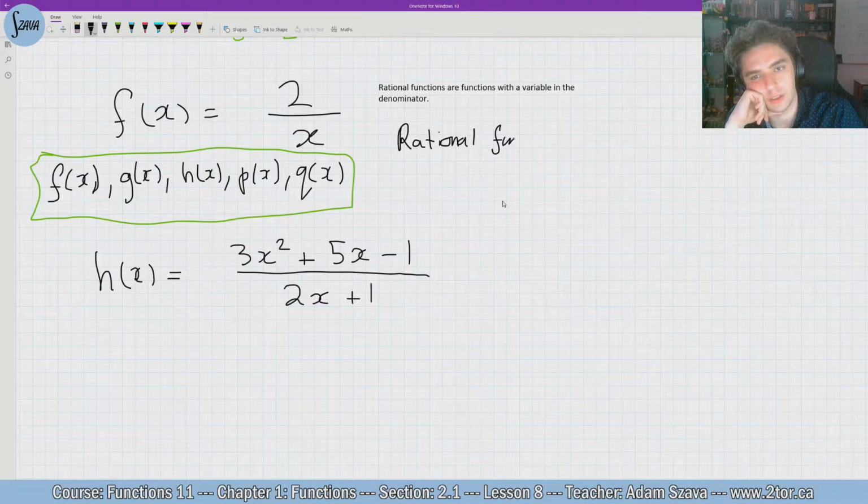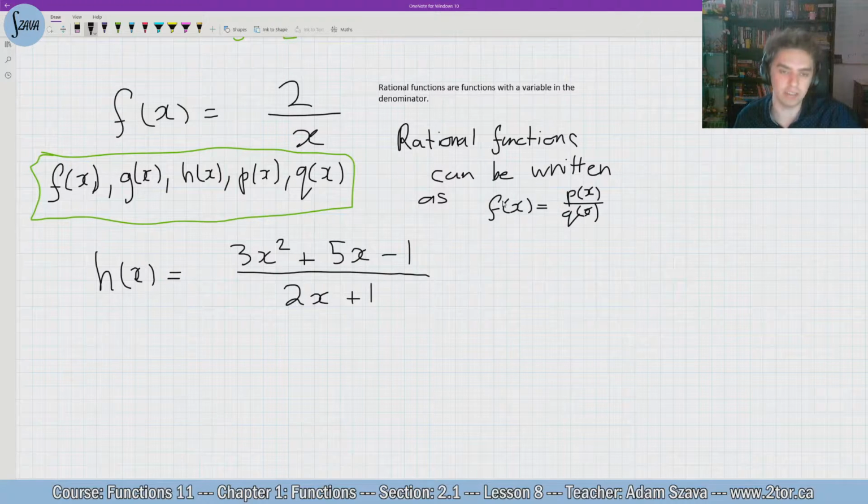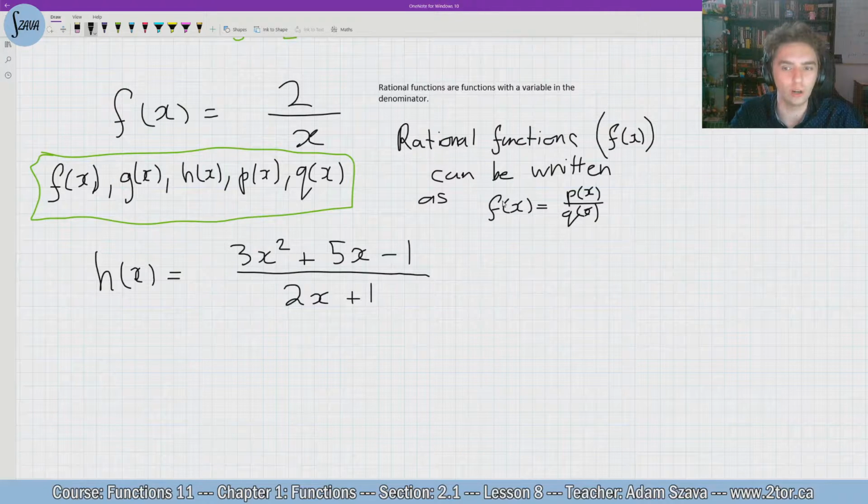Rational functions can be written as f of x equals p of x over q of x. So rational functions, which I'll call f of x, can be written as p of x over q of x, some polynomial over another polynomial.